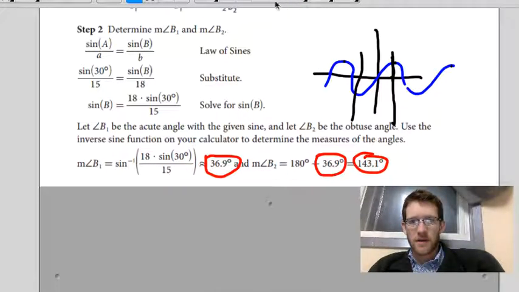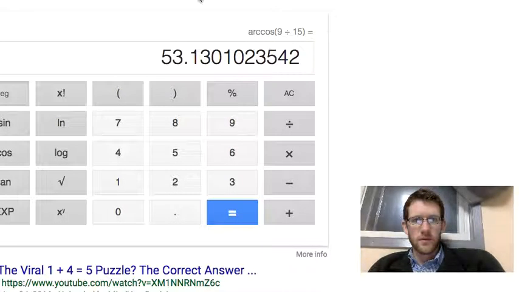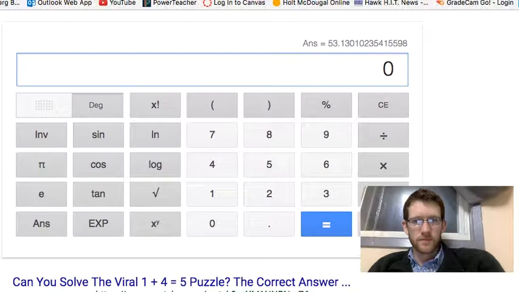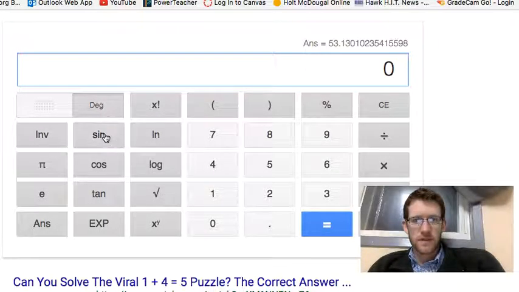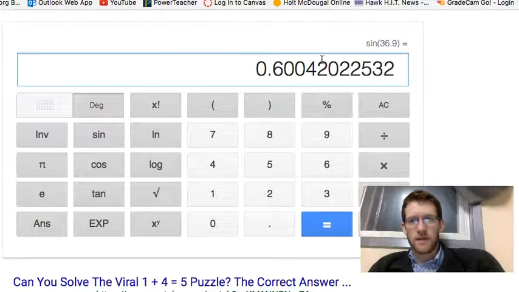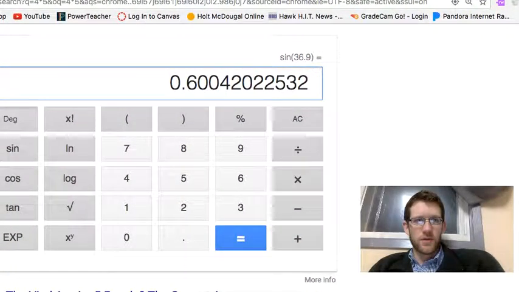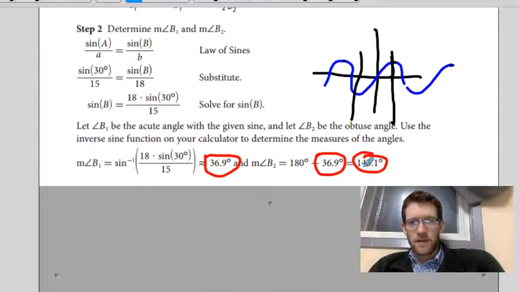So if I go to my calculator and type in the sine of 36.9, it gives me this thing.